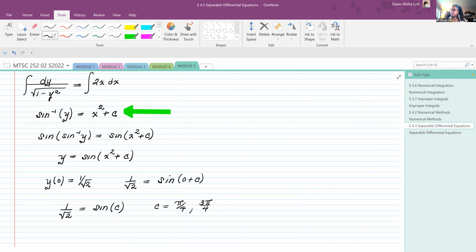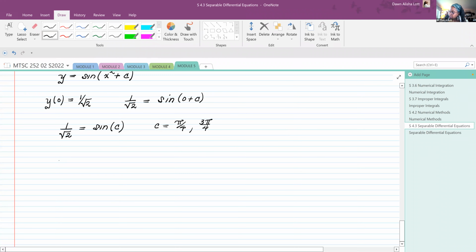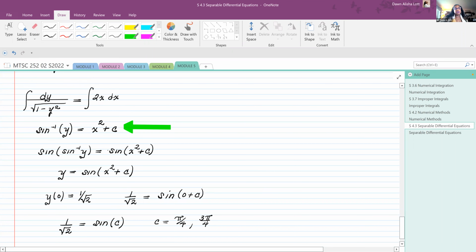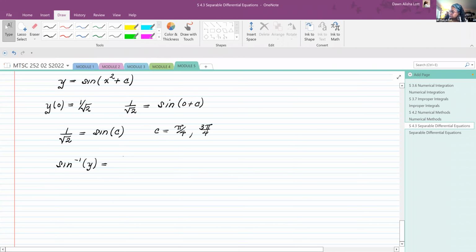It says the sine inverse of y is equal to x squared plus c. Then we get the sine inverse of 1 over the root of 2 is equal to 0 plus c.